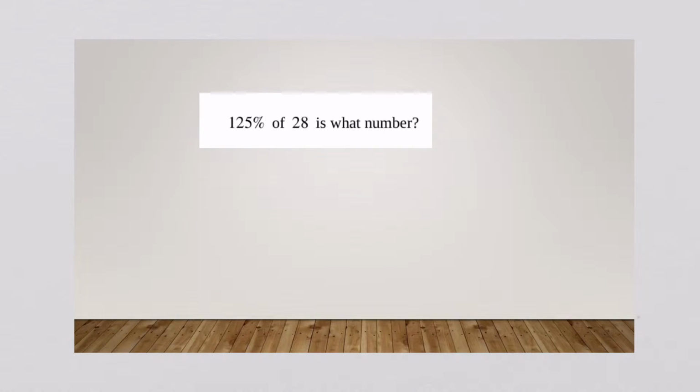Okay, for this number right here, again, we don't change how we do things. Let's read it from left to right and write it down as we come to each part of the sentence. So 125% I'm going to write as a decimal, 1.25. Of means multiply. Again, I'm going to use the parenthesis to indicate multiplication here. The number 28. Is means equals. What number means x.